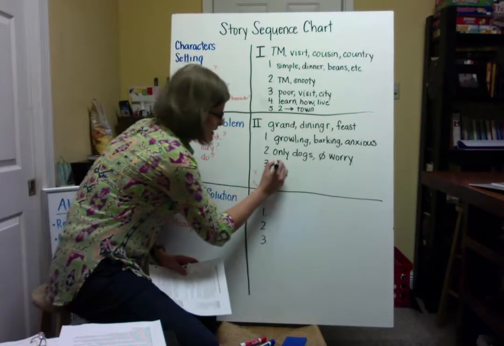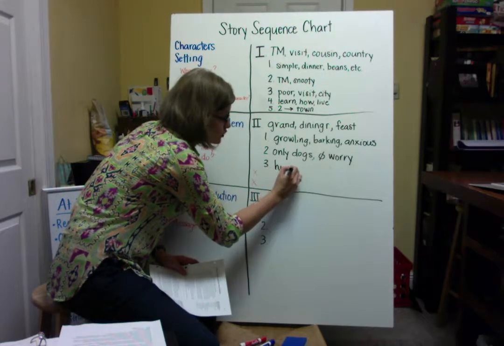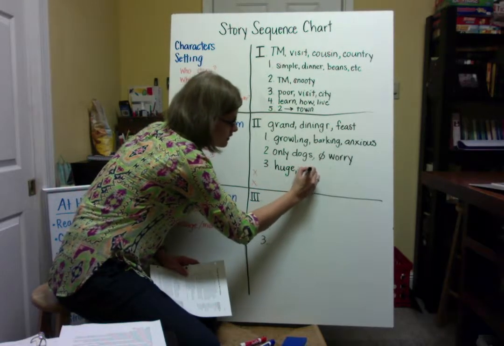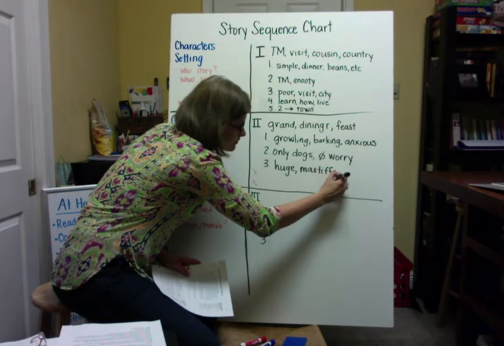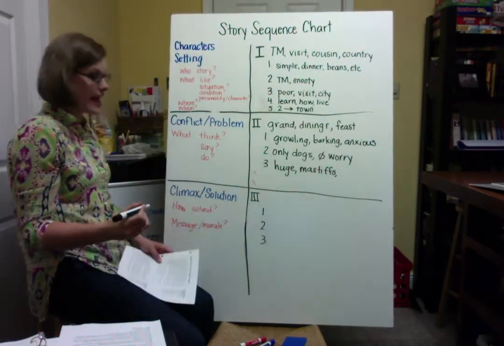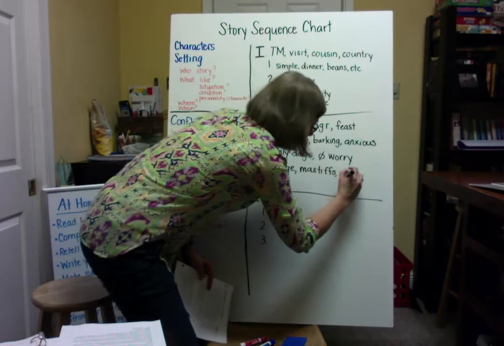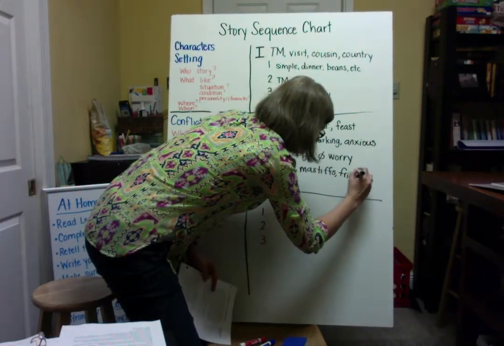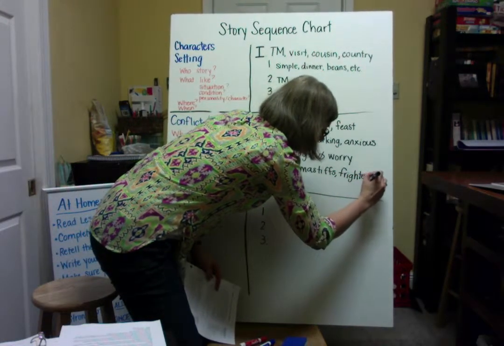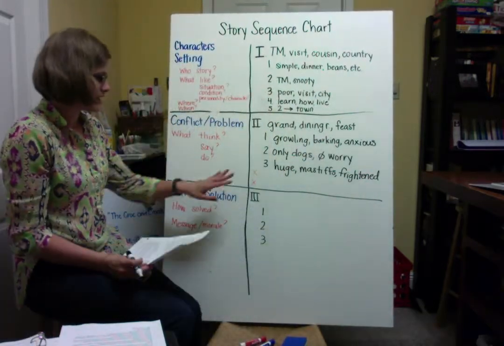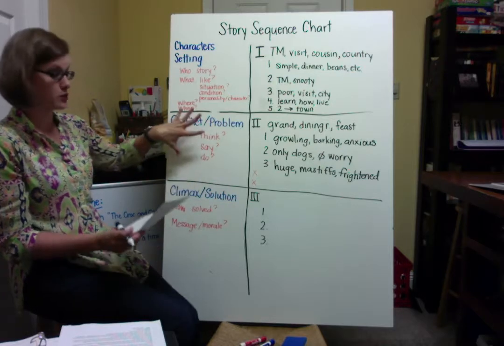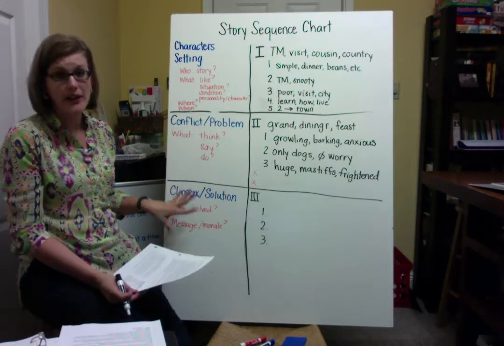Well, he sees that these are huge mastiffs and he becomes frightened. This is telling what he sees and how he is feeling about this problem.